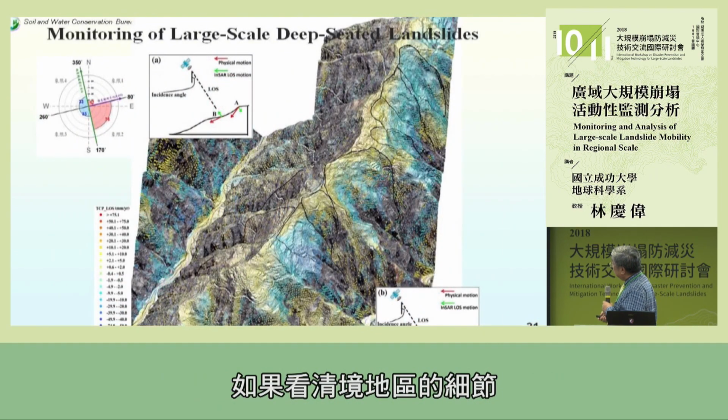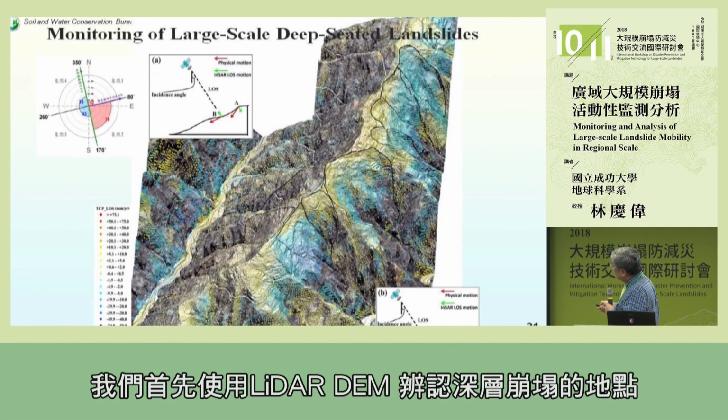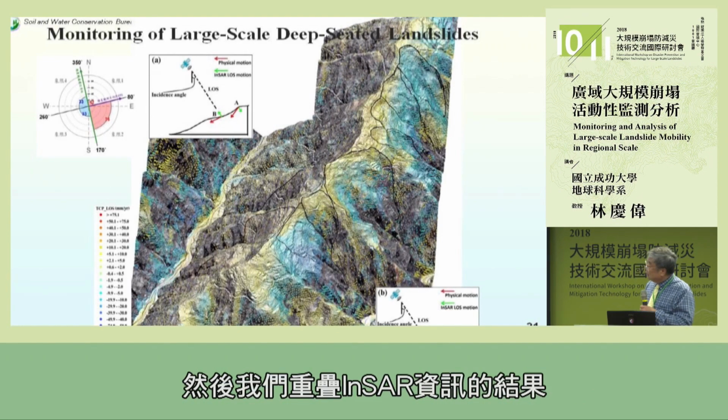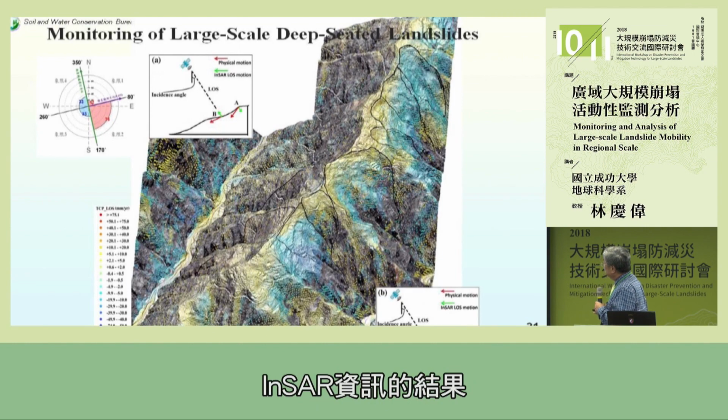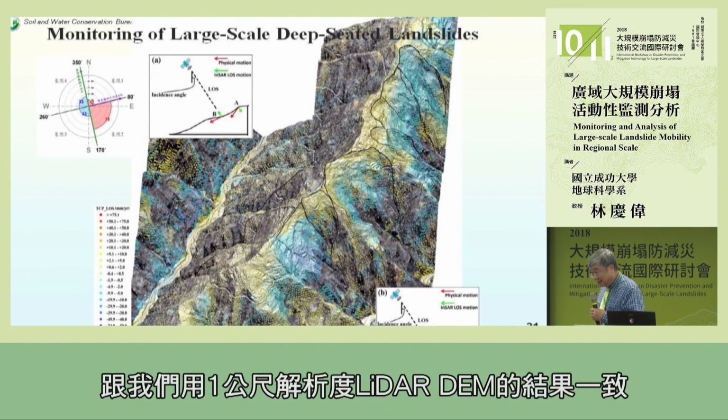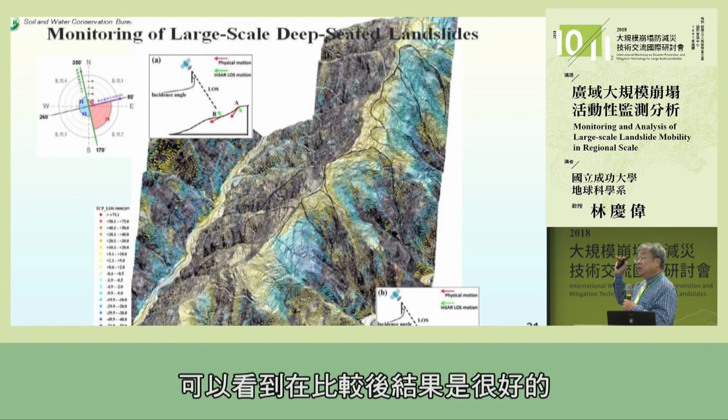If we look at the details of the changing area, first we use the LiDAR DEM to identify the location of the deep-seated landslide. Then we superpose the InSAR result. The InSAR result is consistent with the area we identified from the 1 meter resolution LiDAR DEM. The result is quite good if we make a comparison.